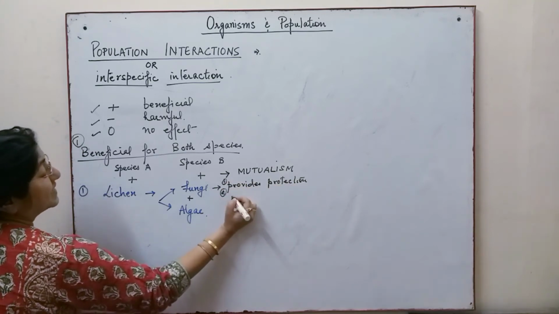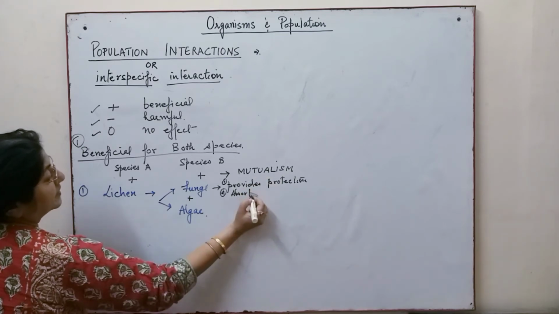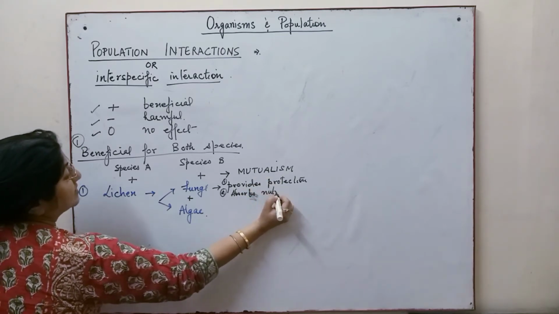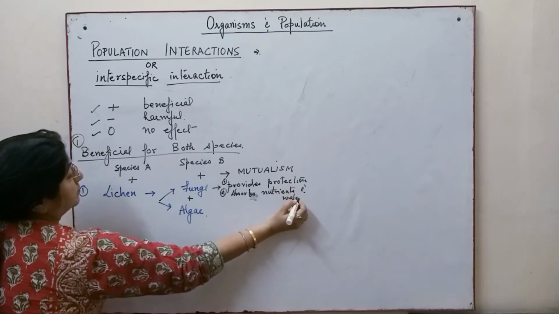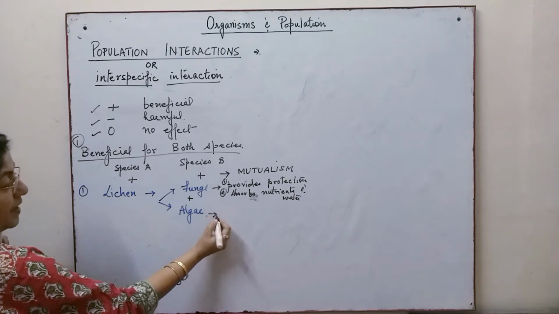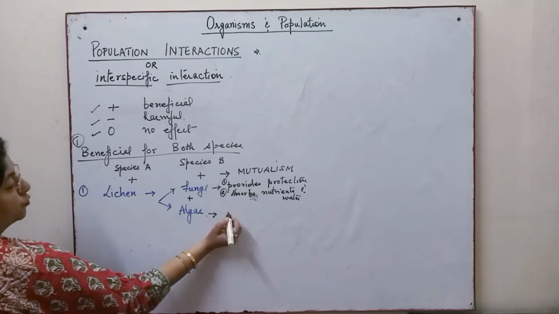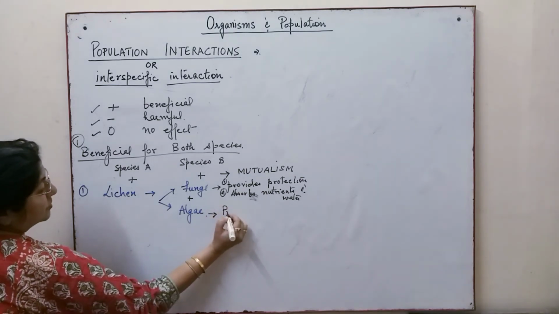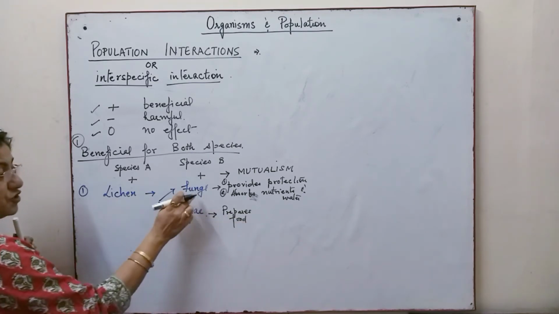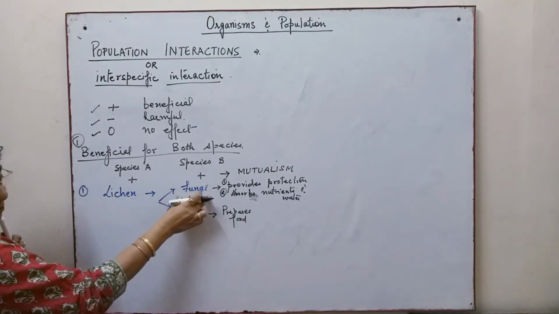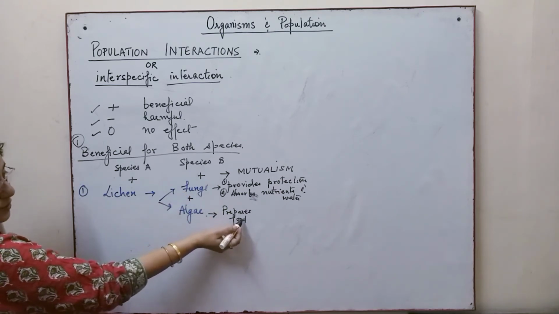Also, it absorbs nutrients and water. Now, when we talk of algae, algae actually prepares food because it's autotrophic. Fungi being saprophytic cannot prepare its own food, but algae prepares food.